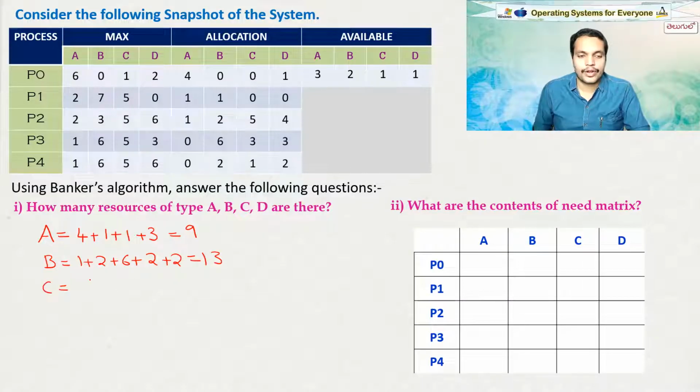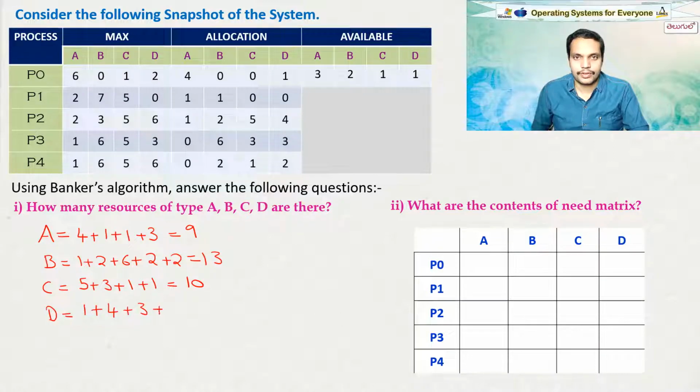And then let us calculate the number of instances of category C. For C, 5 plus 3 plus 1 plus 1, so 8 plus 2, 10. And for D, which is the last category, 1 plus 4 plus 3 plus 2 plus 1, which is equal to 11.